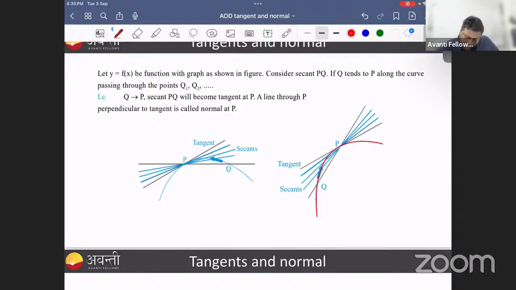Now they are saying PQ is a chord of this curve. Now as P approaches towards Q, P and Q will be very close to each other. All right. So when P and Q are very close to each other, it will become a tangent.